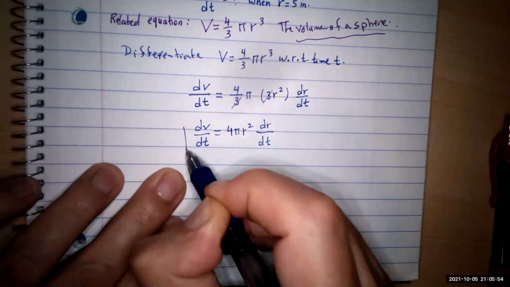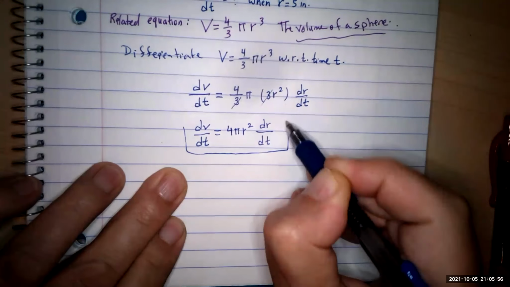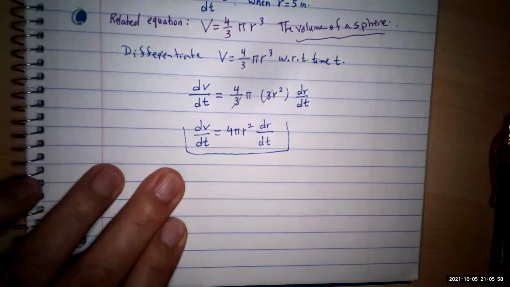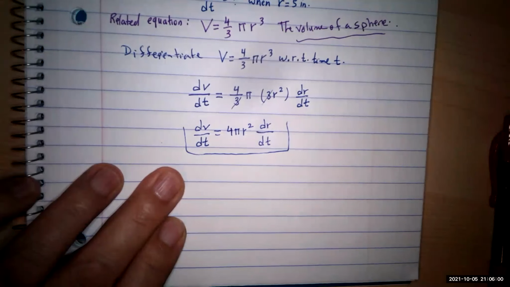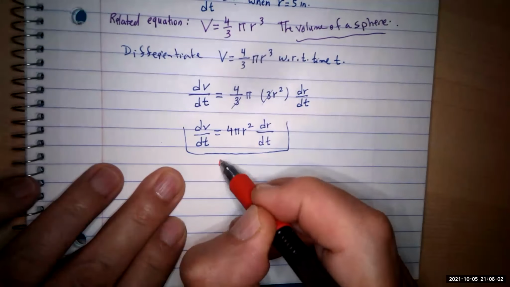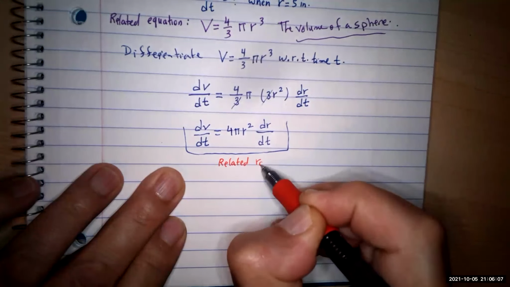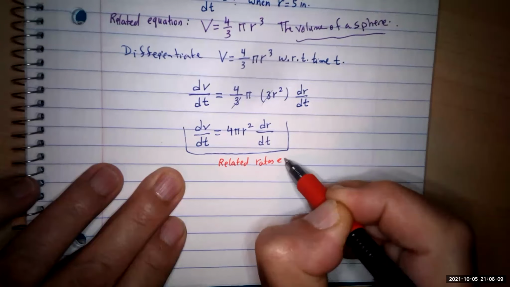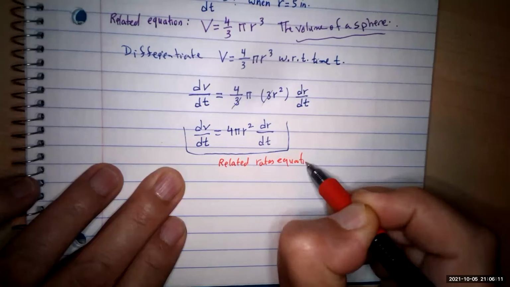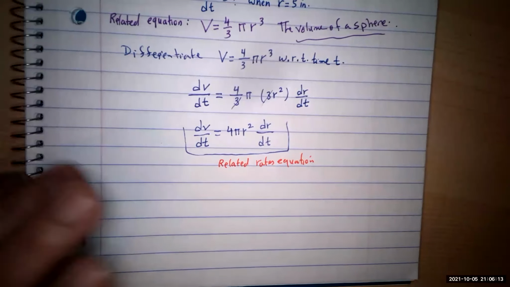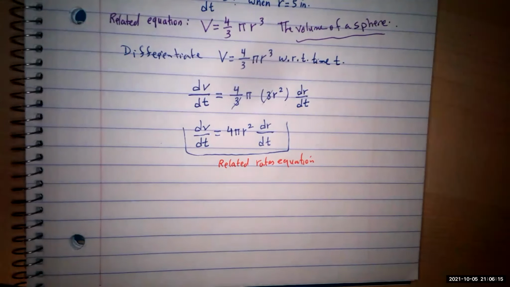You see, this is a related rates equation. So the first one is just the equation, but this is going to be the related rates equation. So you connect them together. Now bring the information and substitute. See what you have.